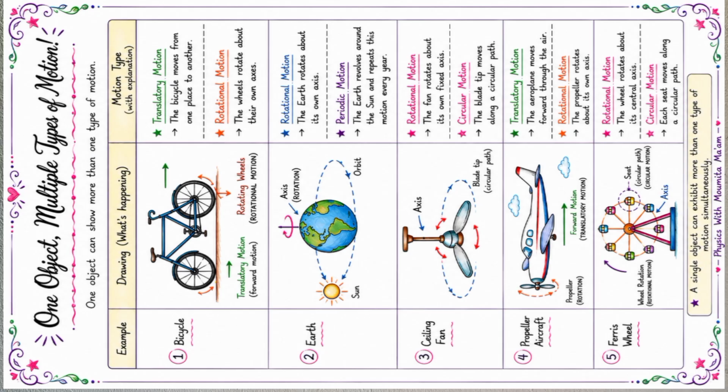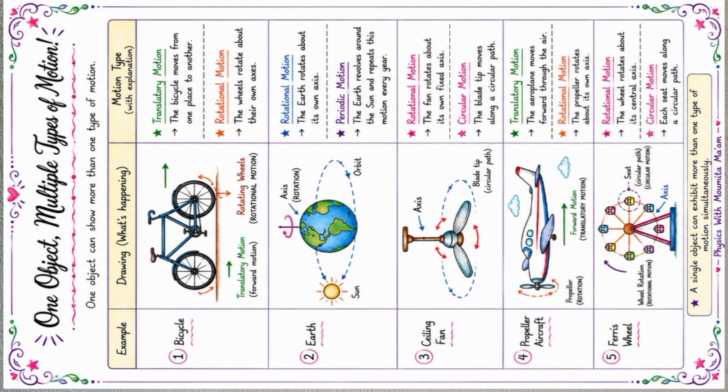We have learned that one object can show more than one type of motion at the same time. The first example is a bicycle, where it shows two types of motion. One is translatory motion, another one is rotatory motion. In case of Earth, it shows two types of motion. One is rotational motion and the second one is periodic motion.